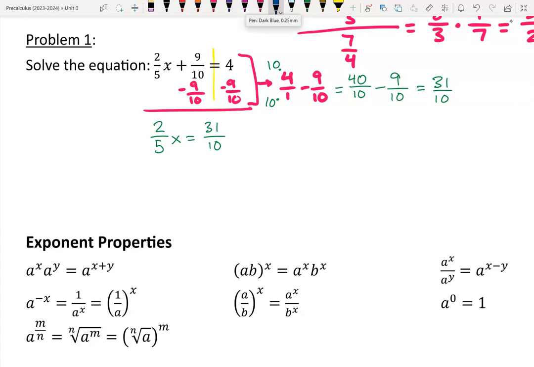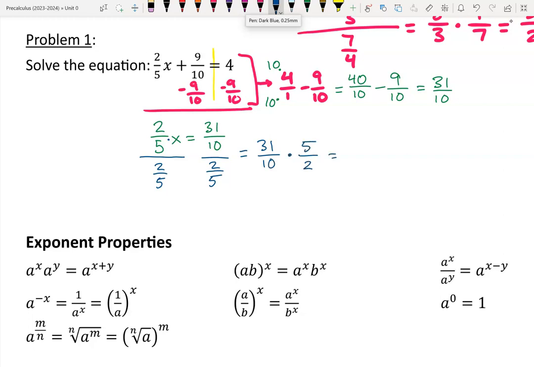And then, since I have multiplication happening here between my fraction and the variable, I'm going to use division to divide that out. But again, this will be with our keep, change, flip that we had. So that would be 31/10 times 5/2.